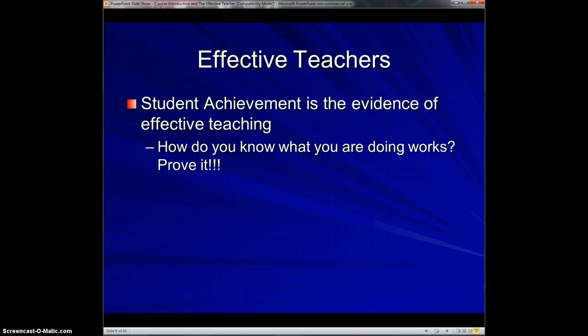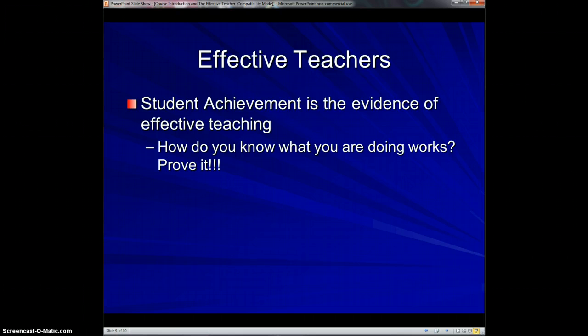It's by studying student achievement, looking at the data, looking at real evidence so that you can prove what you're doing works. Otherwise, it's kind of a shot in the dark. You think you're doing the right thing and you're following principles of good teaching and you're trying to apply it to these particular students. You're working really hard, but you have to look at how your students are achieving, and that needs to be measured.